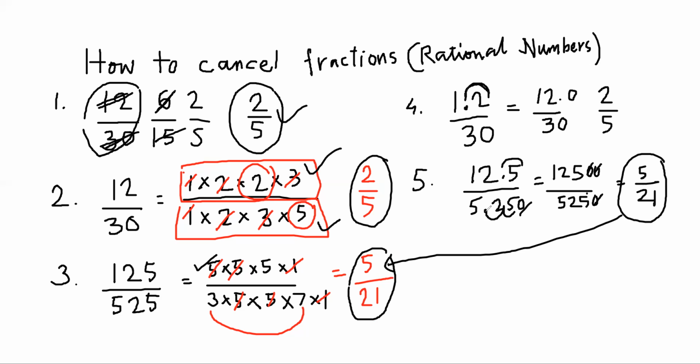So this is what we did. We had 5.25. You are shifting 1 and 2, so what you have added is 2 zeros here. And 12.5, you shifted the decimal point once, so you added 1 zero here. So 12500 upon 52500, which you get 5 upon 21, which is the same as this.